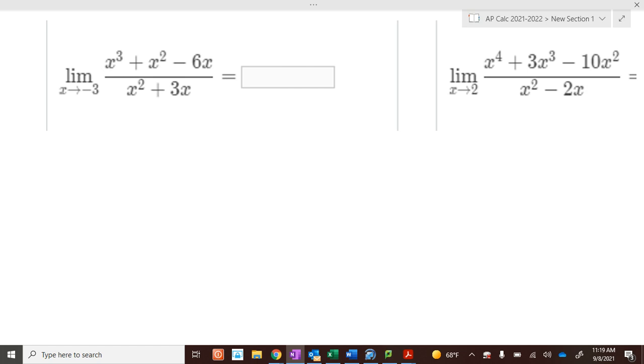Mr. Collins, if you stick a -3 in the denominator, what do you get? Zero. So indeterminate form is when you get 0 over 0. Okay? -3 squared is 9. 3 times -3 is -9. 9 plus -9 is 0.